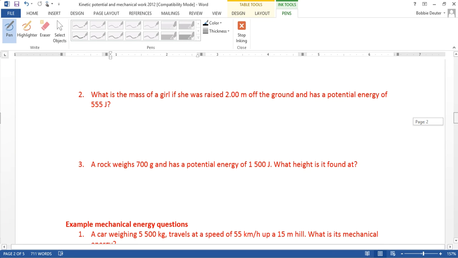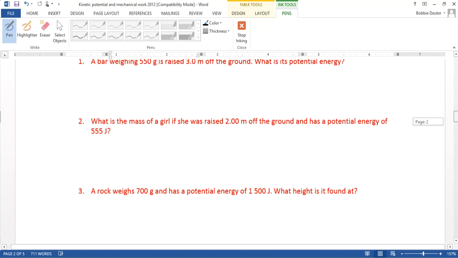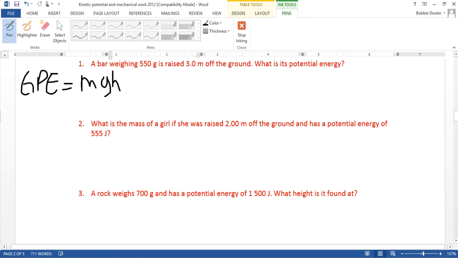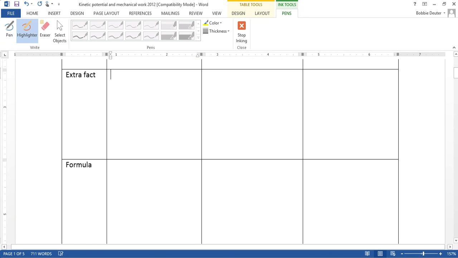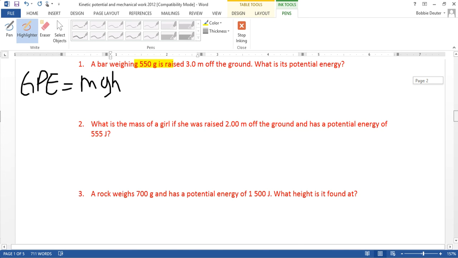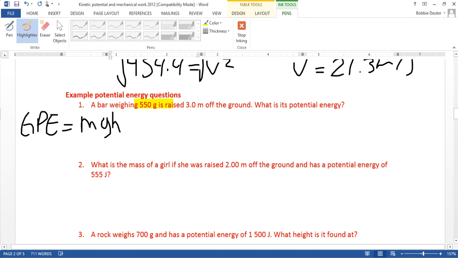So now let's do some potential energy ones. All right. So gravitational potential energy, GPE, is equal to mass times gravity times height. Given that, we are given the mass, we're given the height.